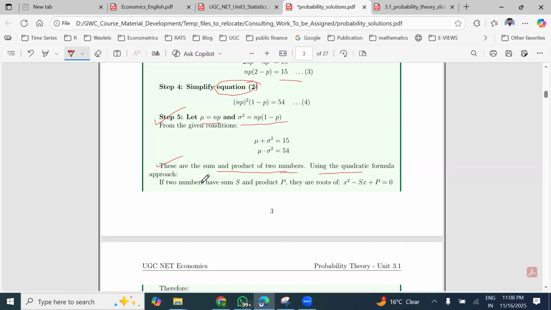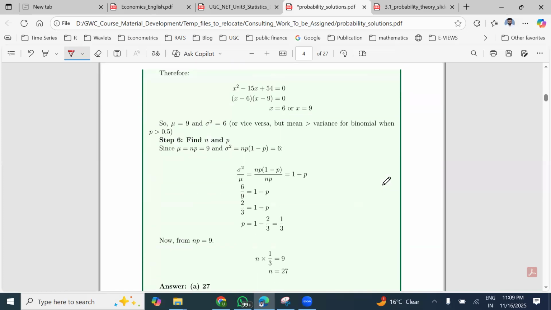Okay, so using the quadratic formula approach, if the two numbers have sum s and product p, they are basically the roots of x square minus sx plus p equal to 0. So you write x square minus 15x plus 54 is equal to 0.